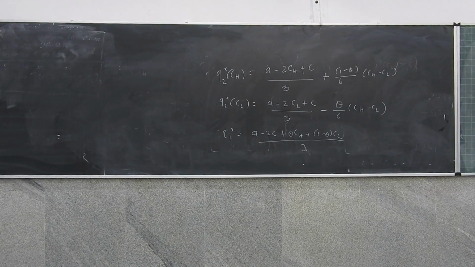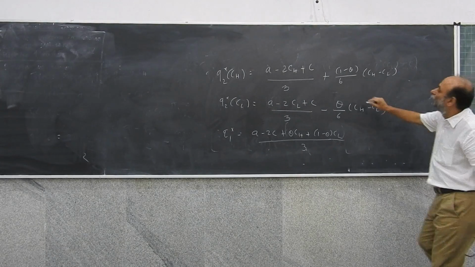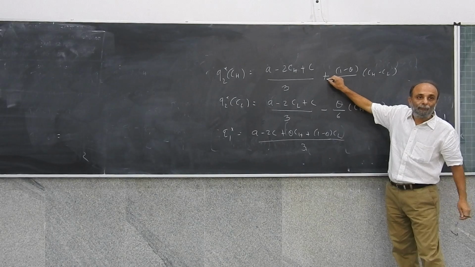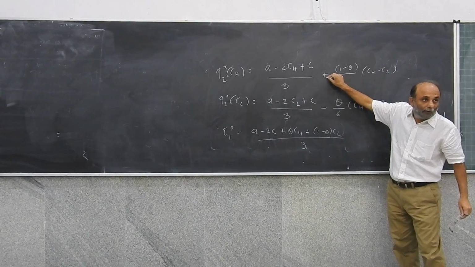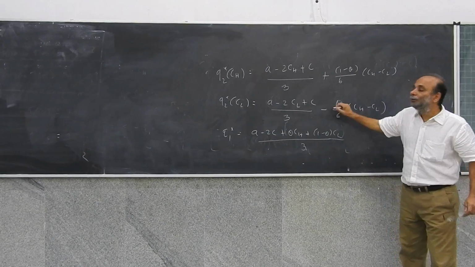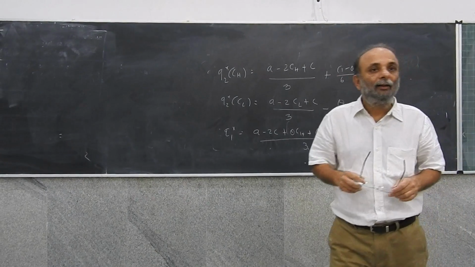So the first firm thinks that its cost is lower than what it actually is, and therefore it anticipates the second firm to produce more, which means that it itself produces less, right? And that's why you get a positive quantity. On the other hand, the reverse works for CL.